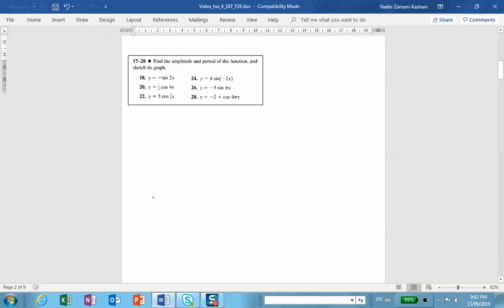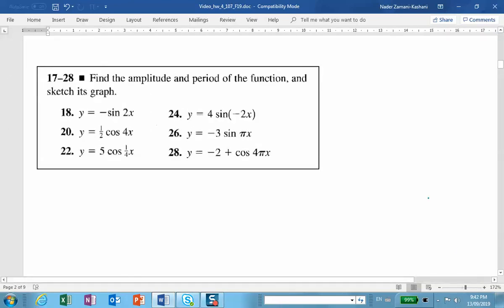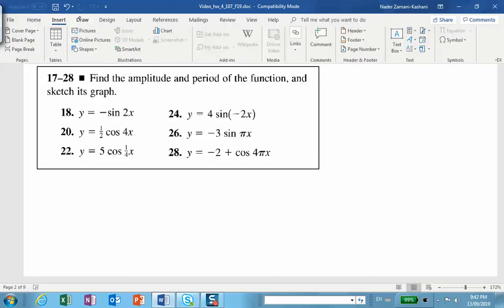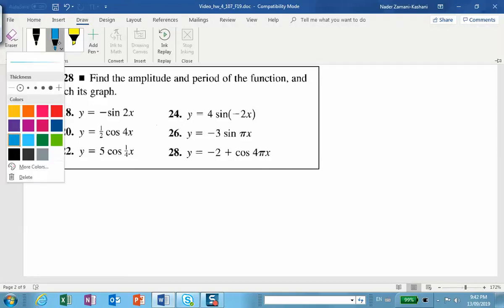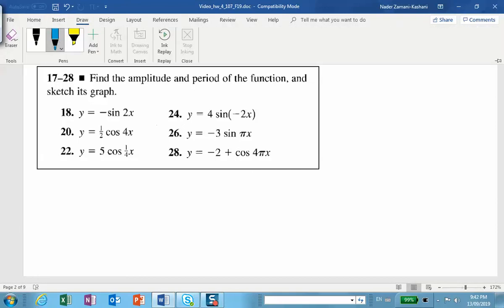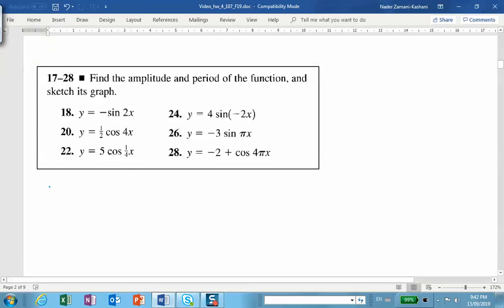Okay, good. So let's see now. All right. Find the amplitude and period of the function and sketch the graph. Let's do 18. First of all, the amplitude is whatever is multiplied here, except that don't take it to be negative. Take the positive, okay?